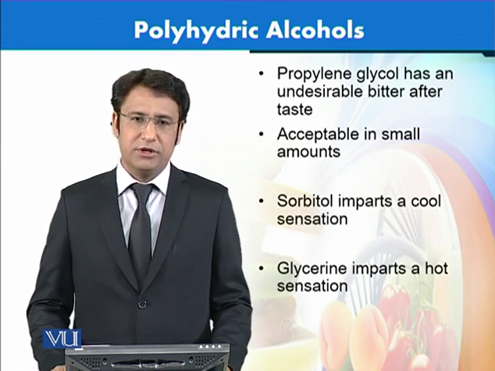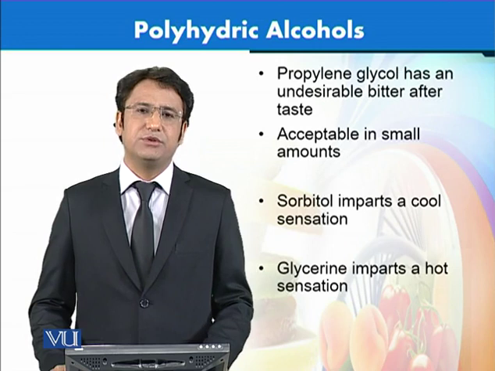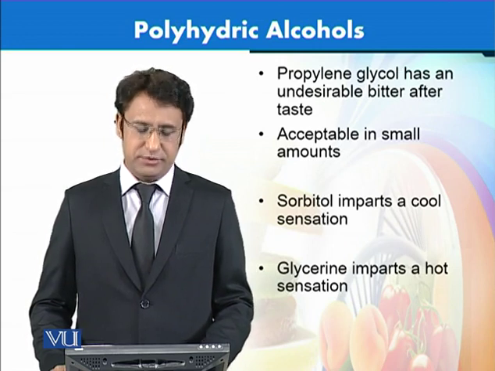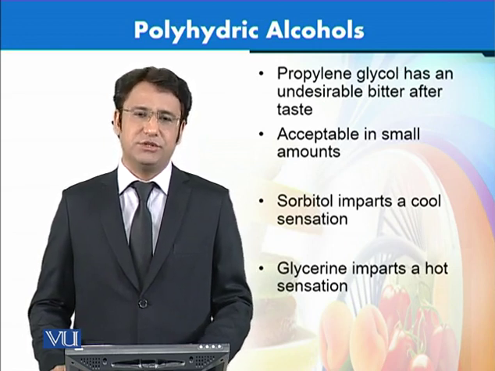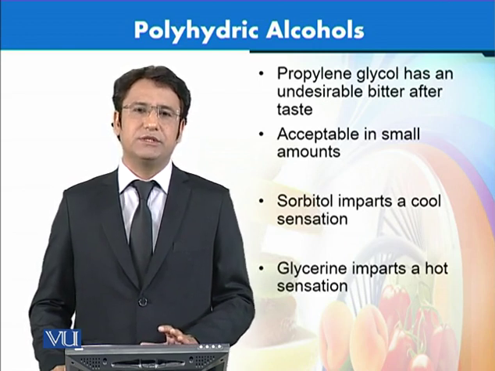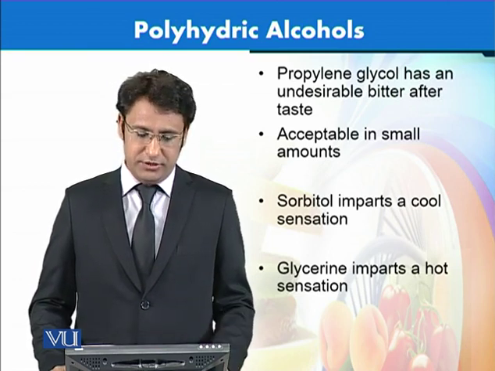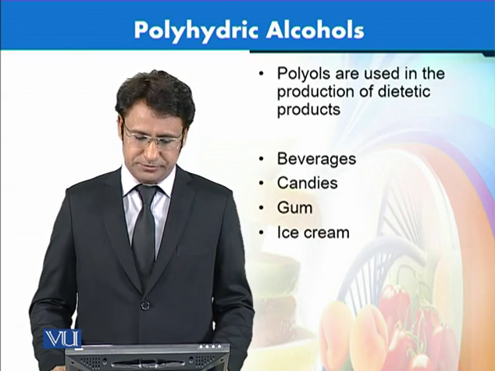Then the glycerine molecule is different in a way that it also improves the sensation, and it gives a hot sensation. So this is a different sensation. Once the food has glycerin in it, this would give you a hotter sensation. This would be desirable in many products.